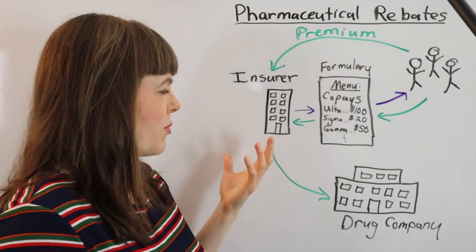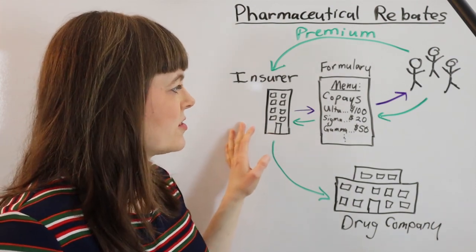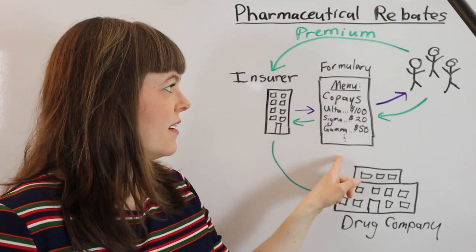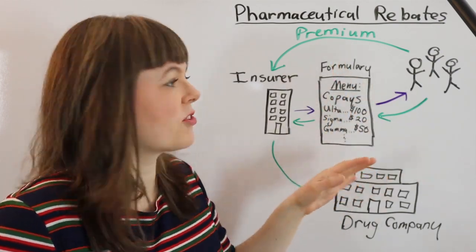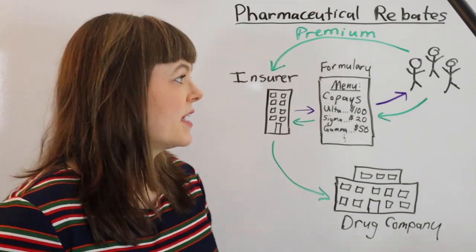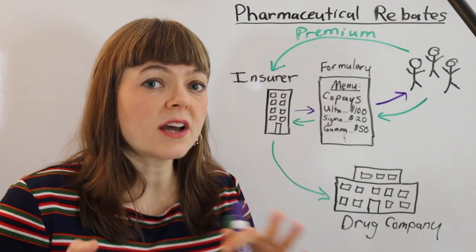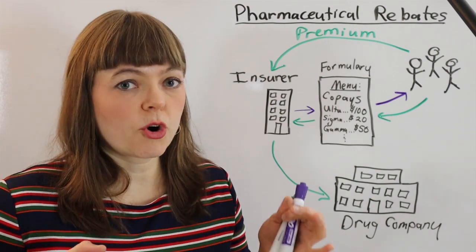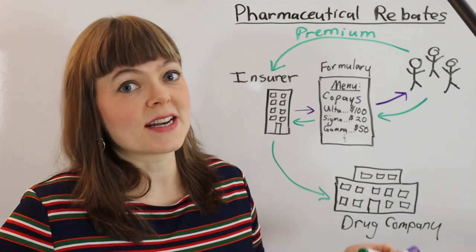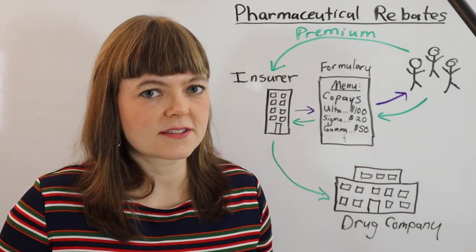So the first question we have here is, why do insurers have these copays? What's the purpose of this menu of copays, which we also call the formulary? The purpose oftentimes is, at least in part, to nudge patients toward more cost-effective treatments. A classic example here is name brand versus generic drugs.